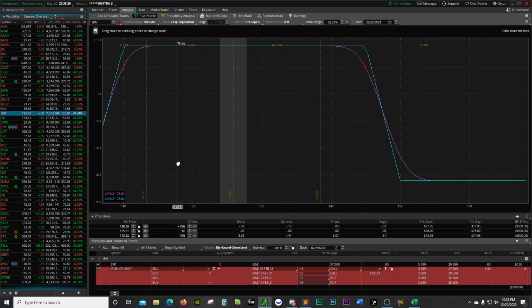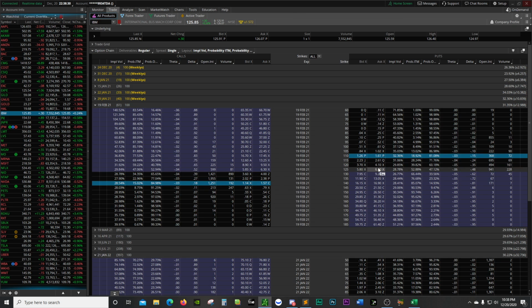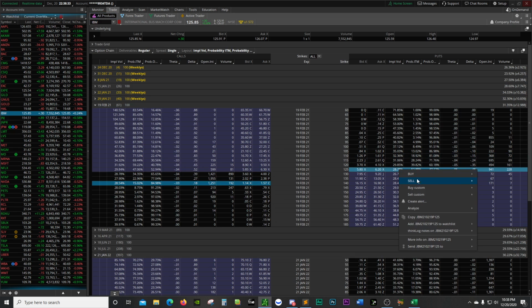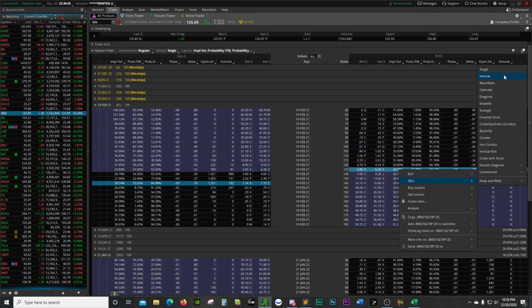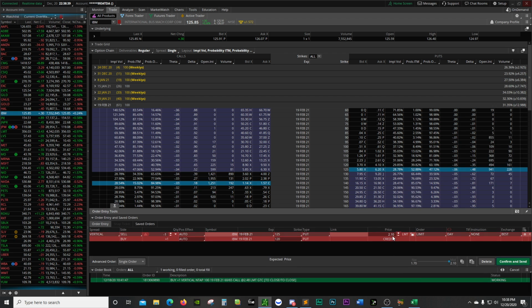Now let's think about this for a second. If I sold a credit spread at the money on support when the price was low, I would get a lot more credit, right? I'd say at least $100 on the bottom.